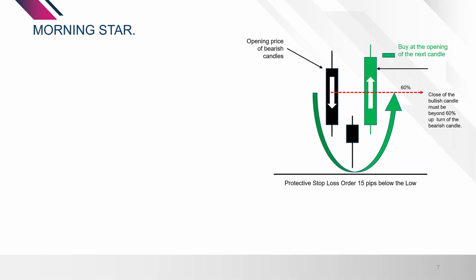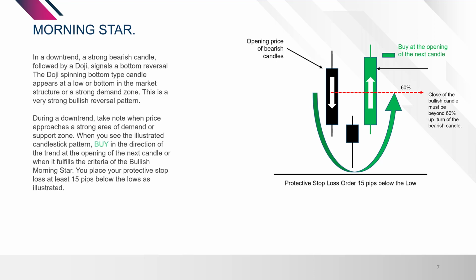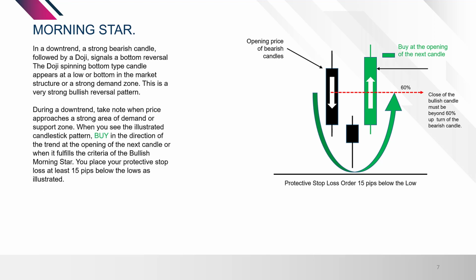Now let's look at a morning star. So you can probably call it just morning star, or if you want to be specific, you call it bullish morning star. In a downtrend, a strong bearish candle followed by a doji signals a bottom reversal.